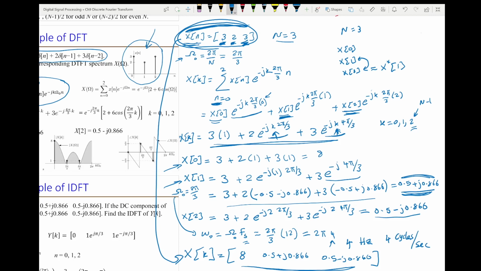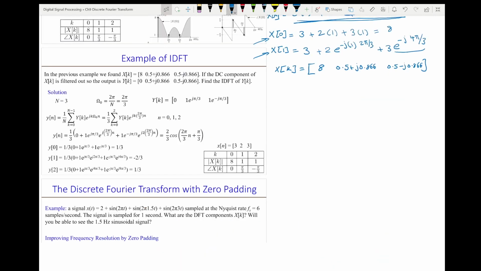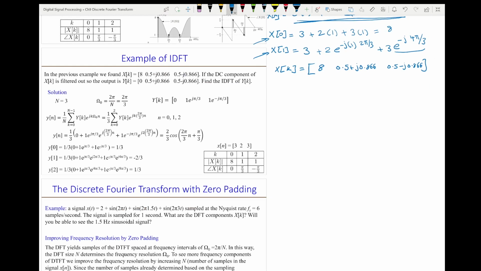Let's now demonstrate the inverse discrete Fourier transform. In this example, we found the discrete Fourier transform to be this one. Now let's say we did some processing by removing the DC. So we took X of k here to a filter that removes the DC, and we got Y of k.